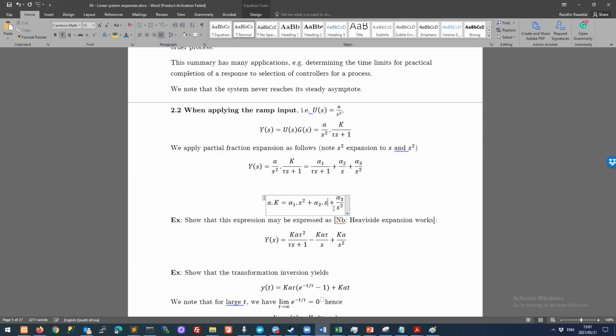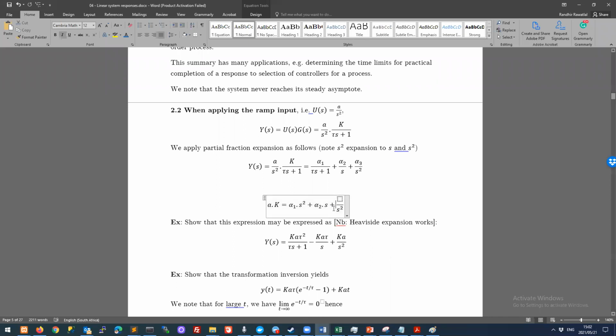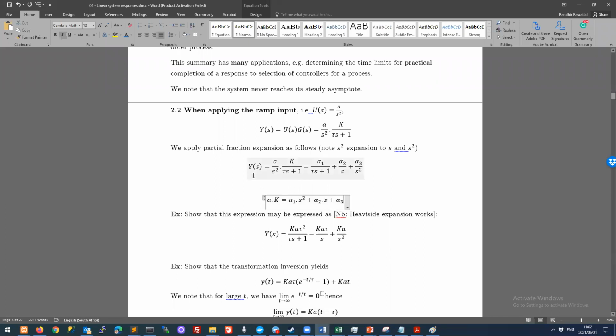And here we'll have alpha 3 times tau s plus 1.